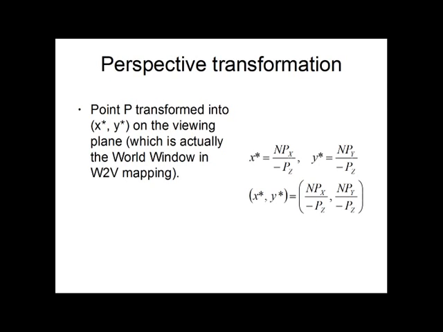So we divide it by that length, the distance from the eye to the point, and we multiply it back up with the distance to the near plane where we're projecting it onto. So we're projecting the x coordinate back from where it is onto the near plane, and we do the same for the y coordinate and end up with these points.